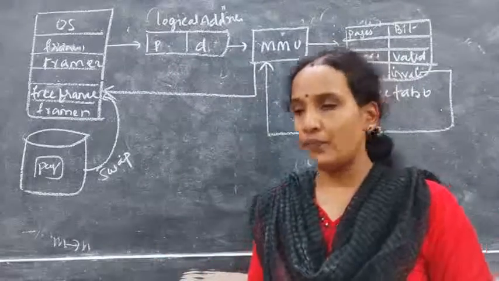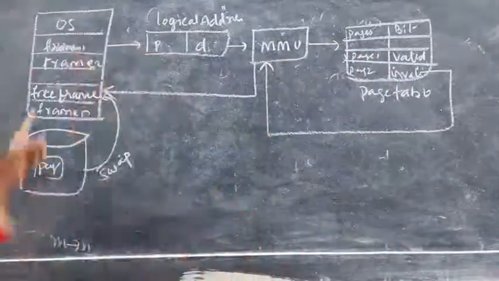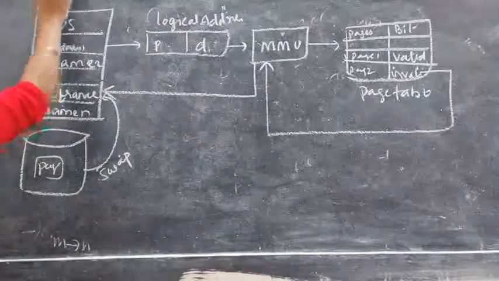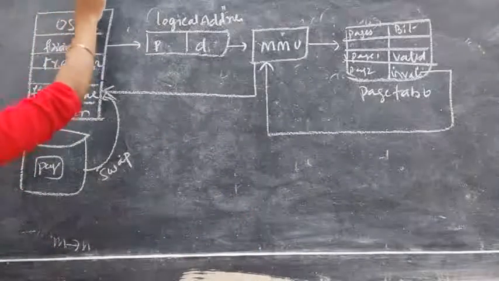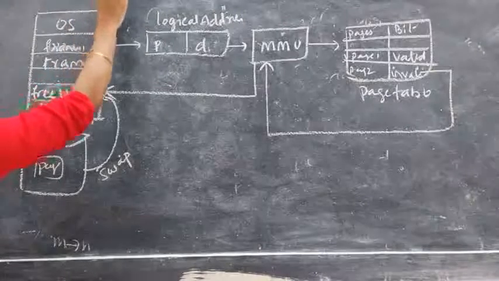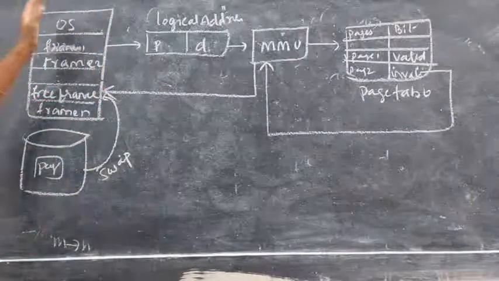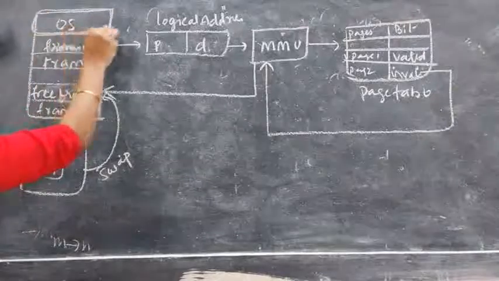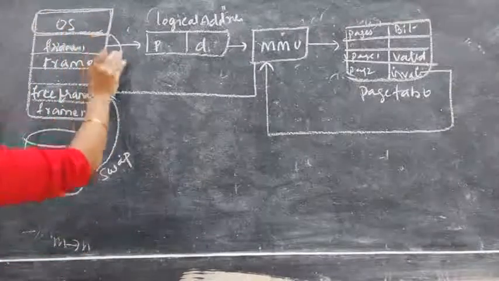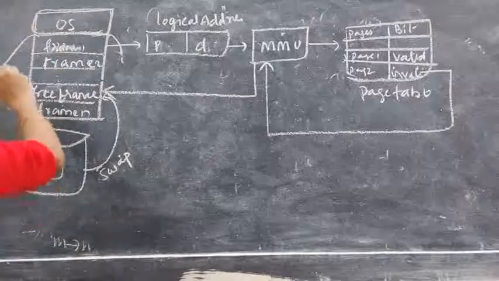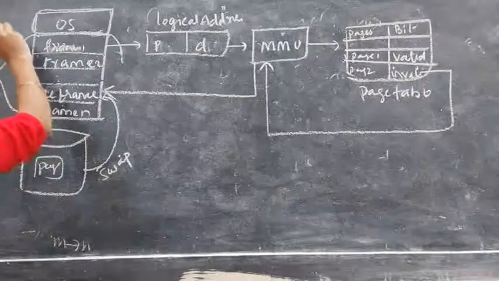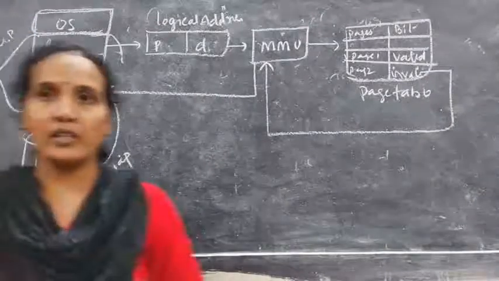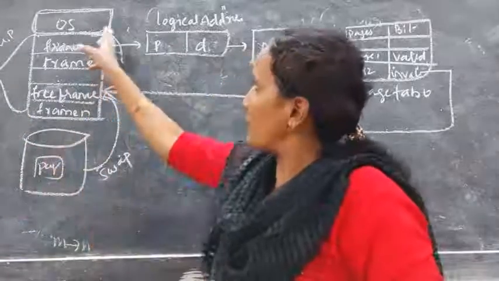Here you can see this is the main memory, from where the CPU takes the instruction, from where the instruction will be executed. In the main memory, the first part is the operating system, and this space is used for user programs. Here the user programs are executed.